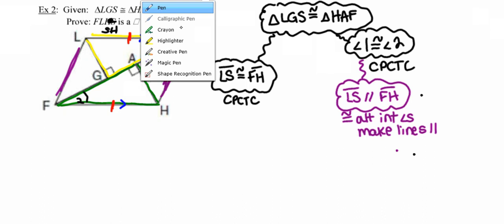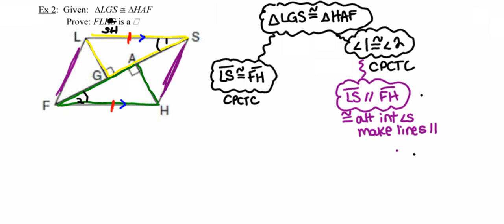So now I've got the same pair of sides, and it's important that they be the same. In one statement, they're congruent to each other. In the other statement, they're parallel to one another. So again, that fits the second criteria 2 from my list. That will make my quadrilateral FLSH a parallelogram.